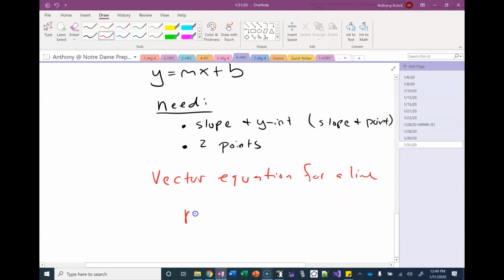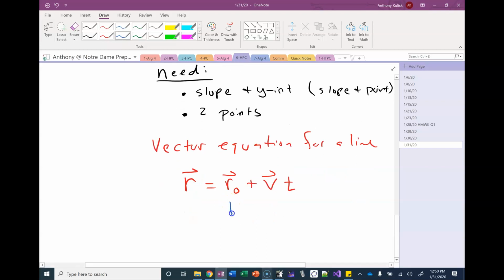So the vector equation for a line is going to be the vector r is equal to the vector r naught plus the vector v times the parameter t. So t is like the independent variable in this problem.